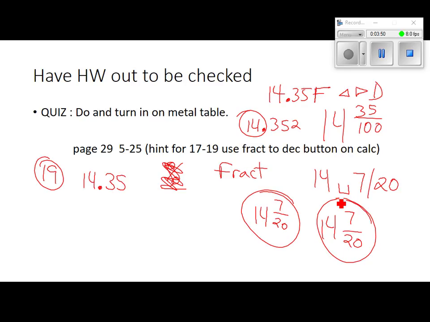If you have one of the big calculators, you punch in this number, 14.35, and hit the math button. As soon as you hit it, another screen pops up, and the very first thing it says is fraction. So you hit enter.